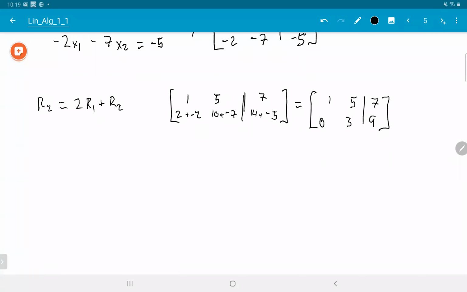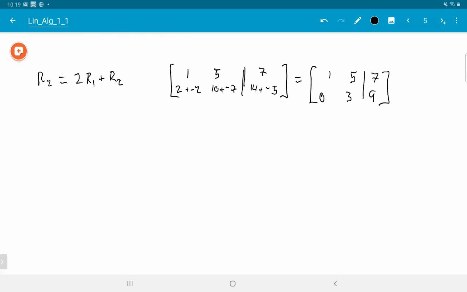Okay, from here, there's a few things that you could do. You could go ahead and try to eliminate this 5 using the 3. I don't always like to do that because I can kind of turn this back into a system of equations now. I see that x1 plus 5x2 equals 7, and 3x2 is equal to 9.